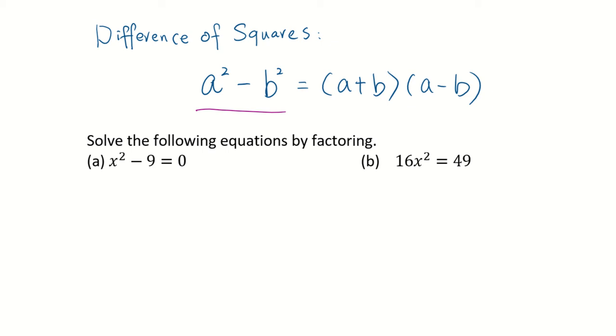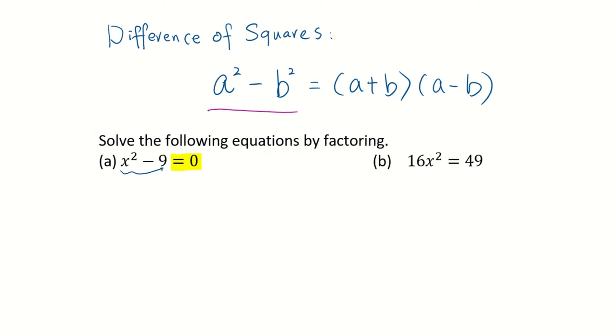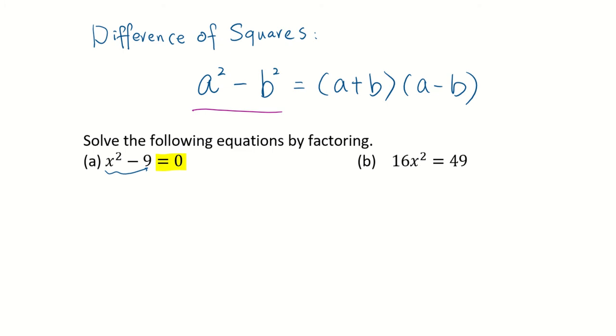Let's look at a here. X squared minus 9 equals 0. One good thing is one side is already equal to 0. All we have to do is to factor the left side. X squared and 9, they don't have any GCF. That means we can't factor it using the GCF method.